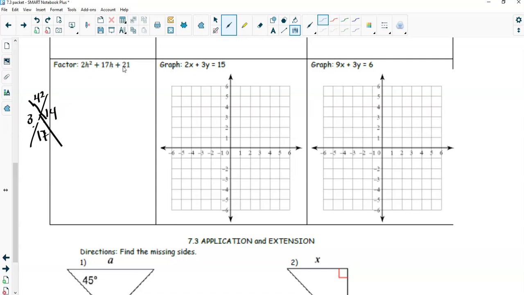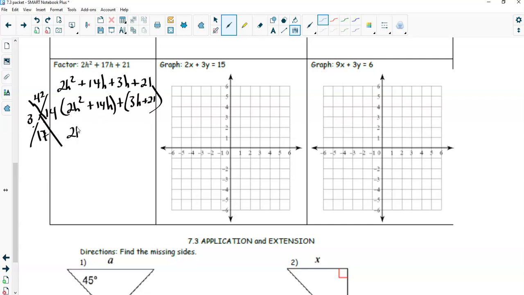So now I have to rewrite this. 3 doesn't go with the 2, but it goes with the 21. So I want to rewrite this as 2h squared plus 14h plus 3h plus 21. Notice that I just broke it down into the 2 factors over here. Now group them. 2h squared plus 14h, plus 3h plus 21.